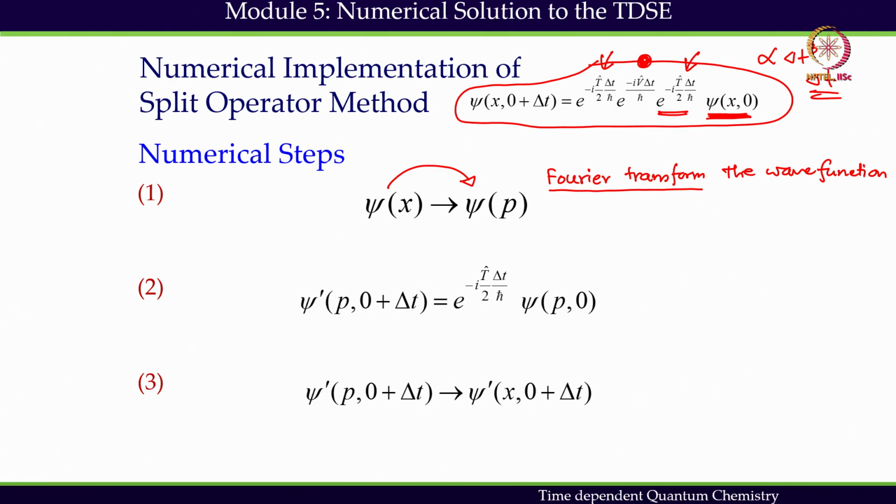We will just mention that the Fourier transform is a technique by which one can transform the wave function from position space to the momentum space, and one can make use of the fast Fourier transform algorithm for this. It is called the FFT algorithm. Why do I need to transform this one? Because I have to use this momentum operator in the Fourier domain, in the momentum domain, and that's why.